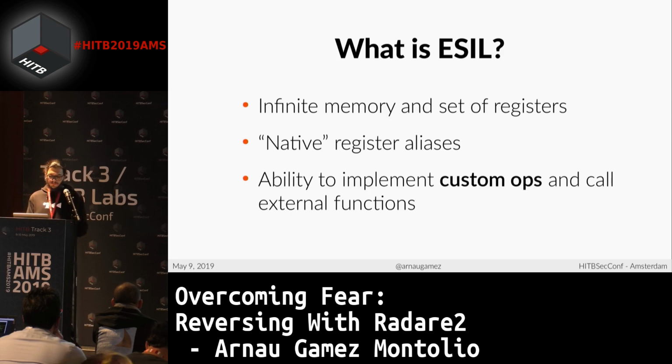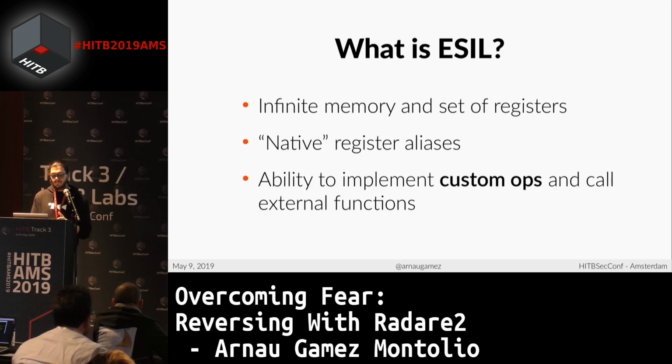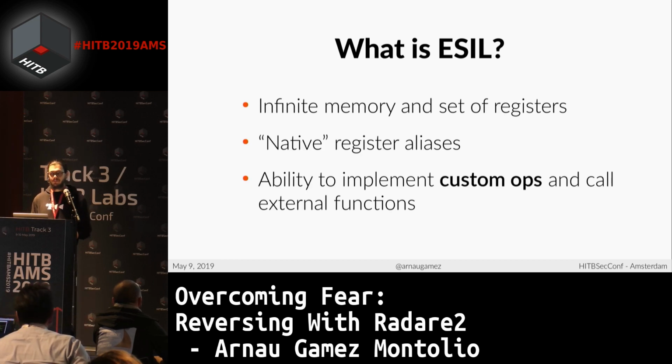Some of its main properties are that it has infinite memory and a set of registers, like many other intermediate languages. It has native register aliases, which means, for example, that when you are emulating ARM code and you construct the virtual machine that will emulate it, the register aliases will be something like R1, R2, R3.